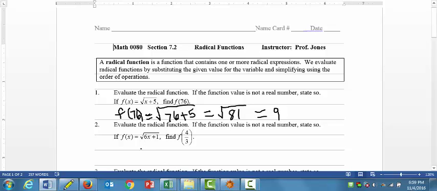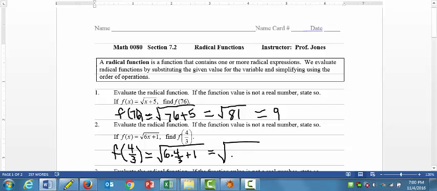In number 2, f of x is the square root of 6x plus 1. When I want to find f of 4/3, I simply replace x with 4/3, remembering that the square root is a grouping, so I have to complete the operations inside of it before I'm able to apply the square root.